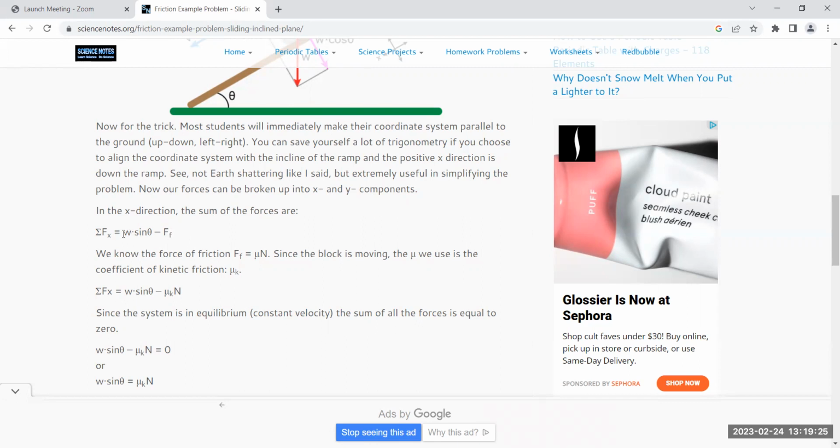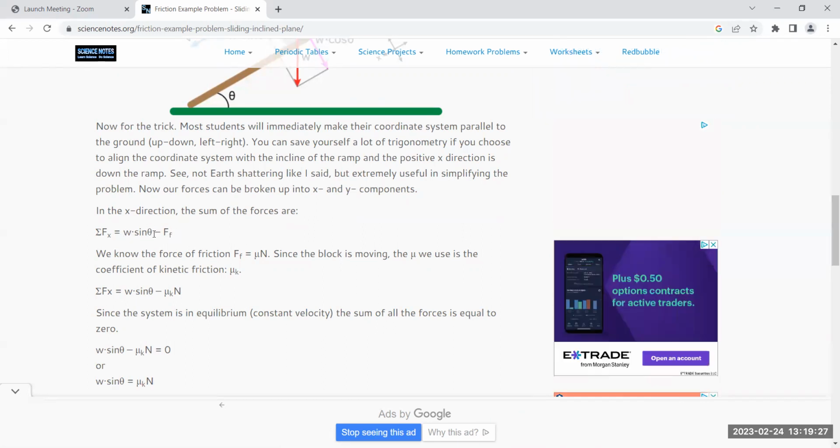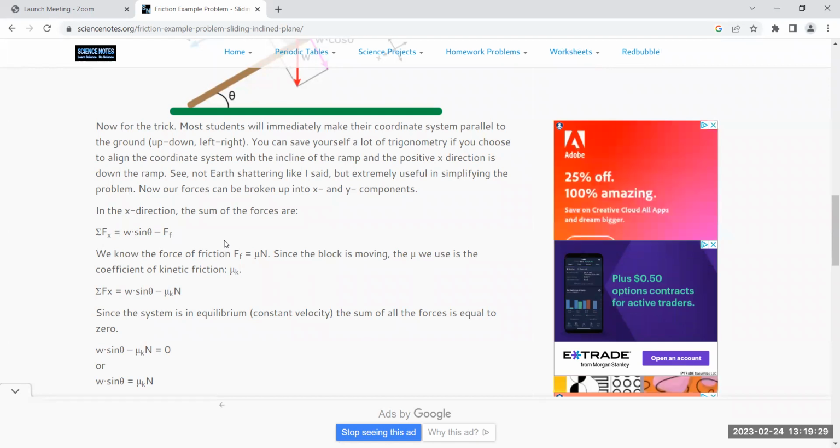Well, I can't really do much else with W sine theta. Certainly I could replace W with mg, but that's about as far as I can break that down. There's not going to be anything that has to do with mu in there. But I do know that mu has something to do with friction, and we have a frictional force.